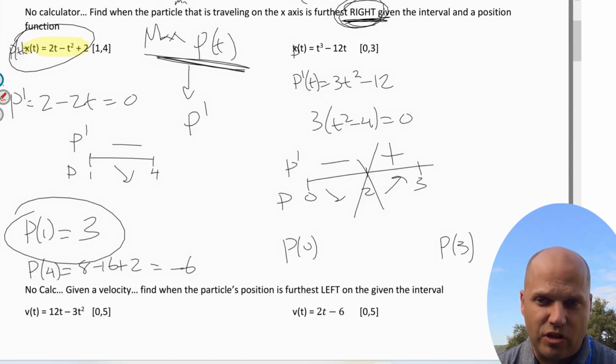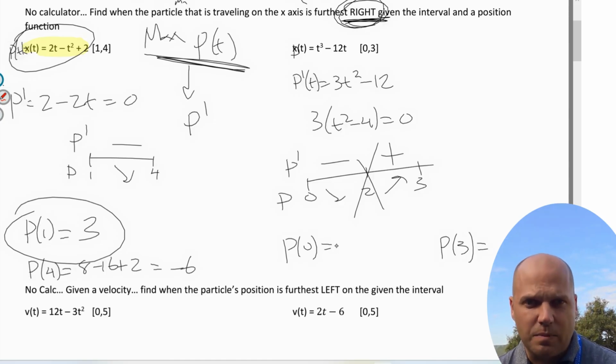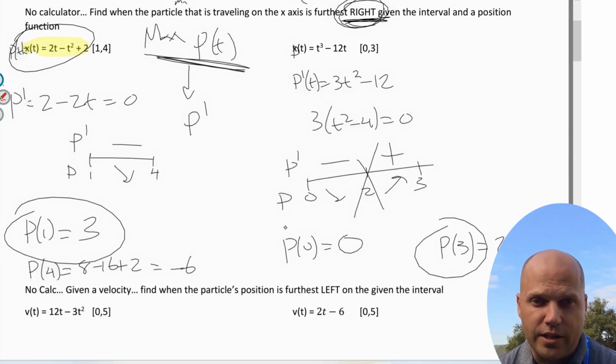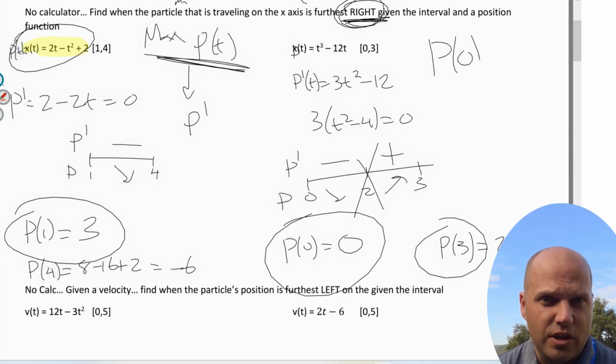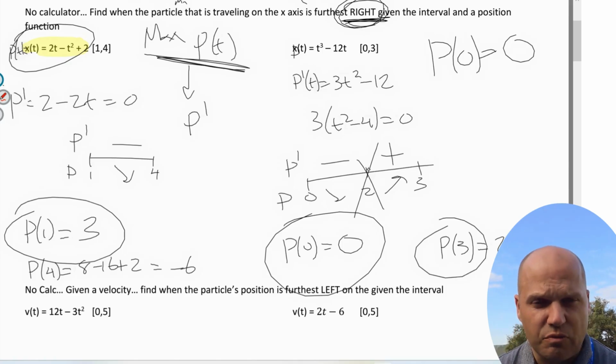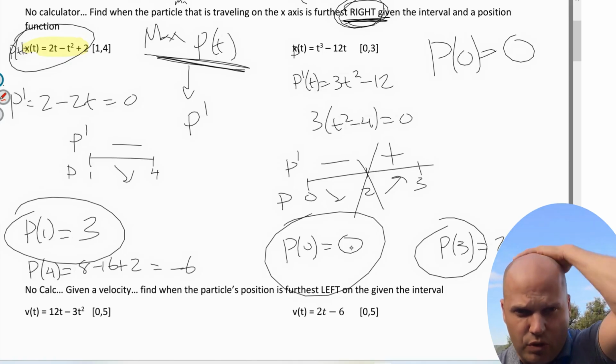Now I actually do have to check, because I don't know for a fact whether it's going to be at 0 or at 3. 27 minus 36. It ends up being at 3. No, sorry, it's at 0. My position at time 0, which equals 0, wins. My position decreases from 0 to 2 and then increases from 2 to 3.